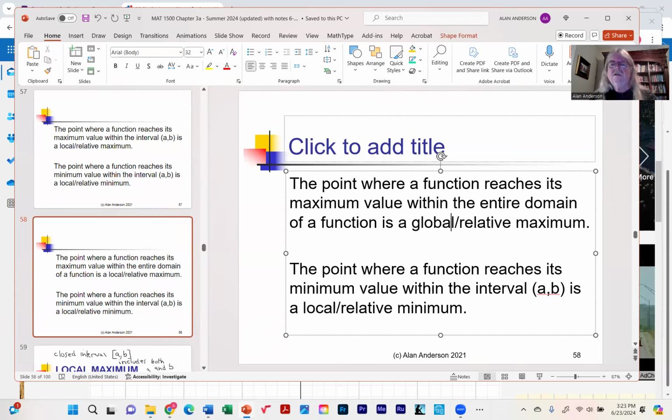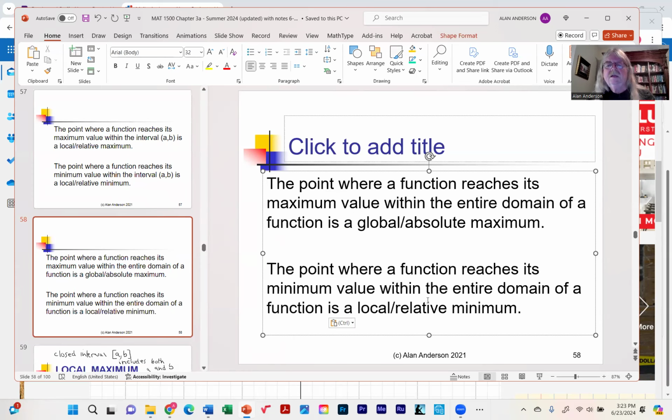And same thing for the minimum: within the entire domain of the function, it is a global or absolute minimum.